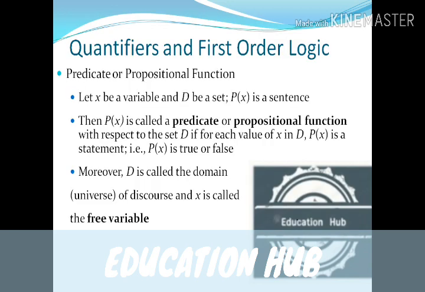Now the quantifier and first order logic is also given here: predicate and propositional function. The predicate or propositional function is: let x be a variable and D be a set, then P of x is a sentence. P(x) is called a predicate or propositional function.